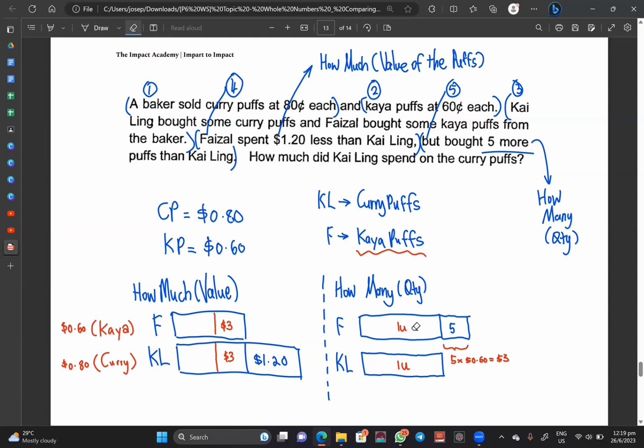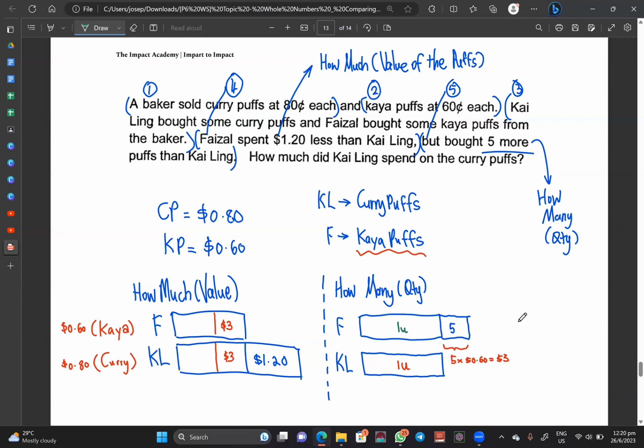I like to use something simpler to help you all see. In lower primary school, we will do questions like this: if you have 10 and 5 over here, you know that this person has purchased 15 kaya puffs. But I do not have that 10. What I have here is just 1 unit.